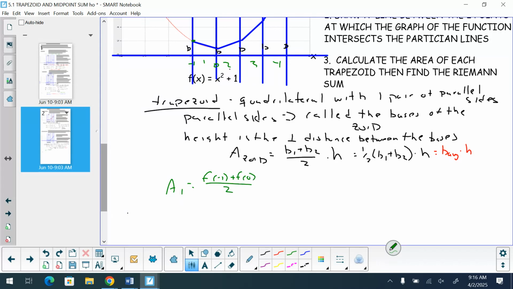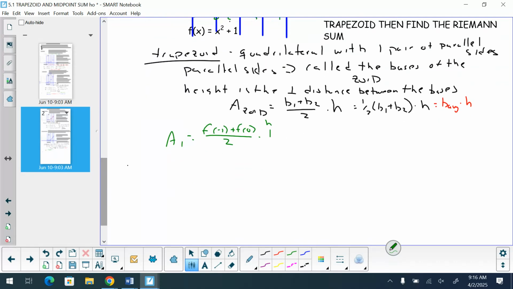I take the average of them and multiply it by my height, which is a value of 1. My distance between the two bases, my perpendicular distance between the two bases. So we have our function value at -1, which is 2, plus 1 divided by 2, which is 3/2.